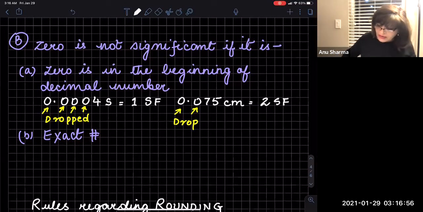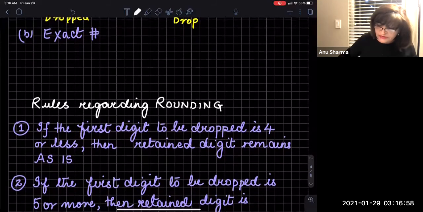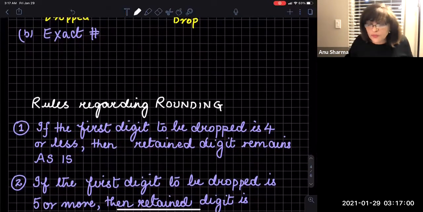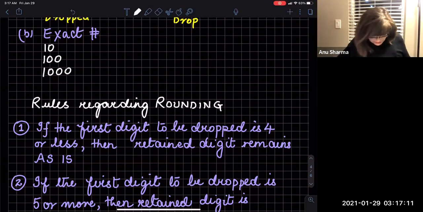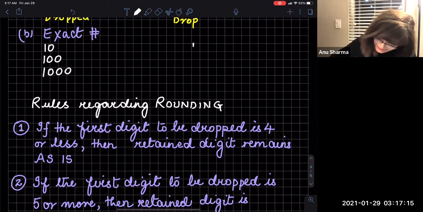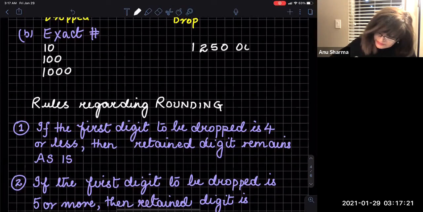Okay, now comes another very important concept of exact numbers. So what are exact numbers? Exact numbers are like 10, like 100, like 1,000. So all these numbers, or even something like 125,000, I'm going to just put it right here.